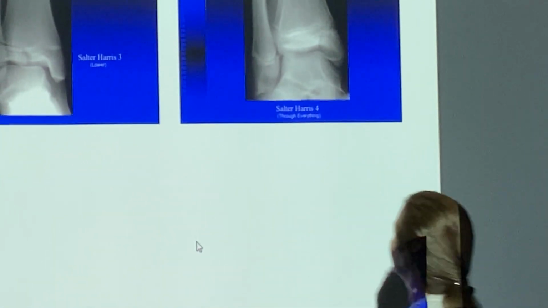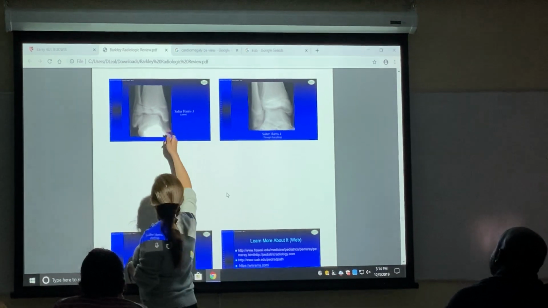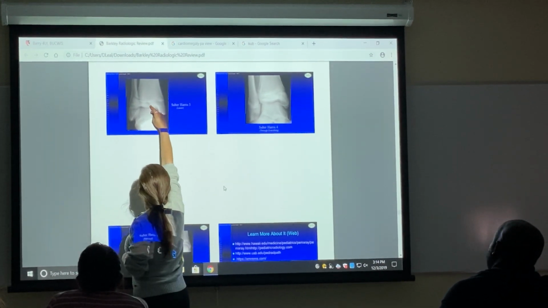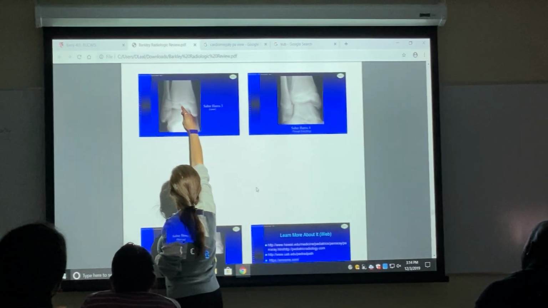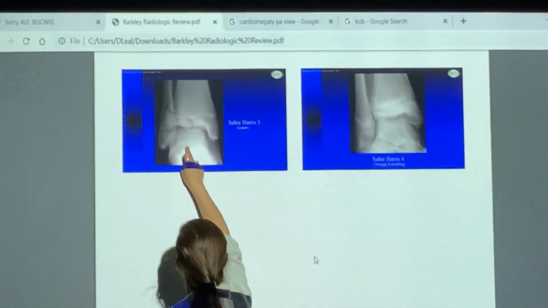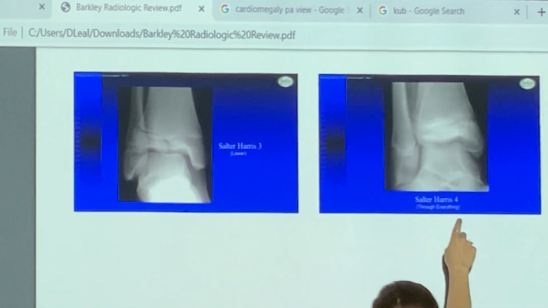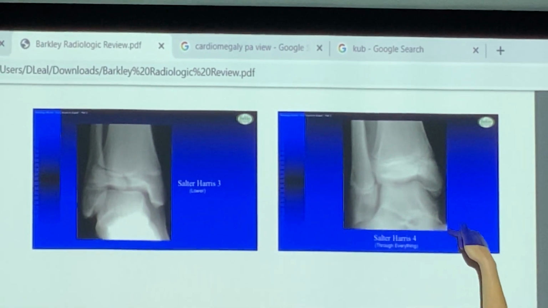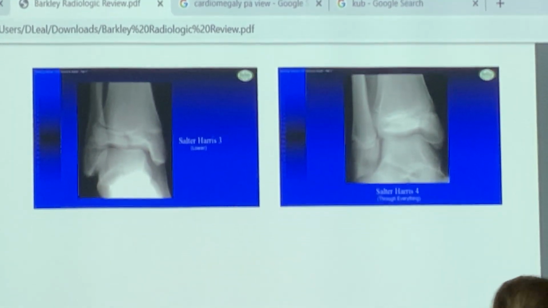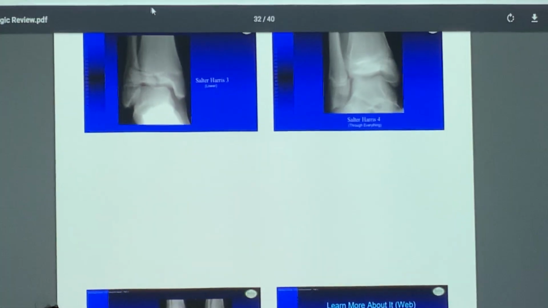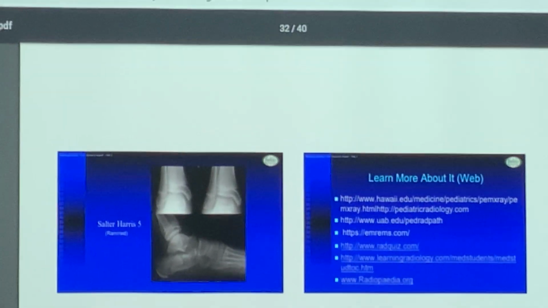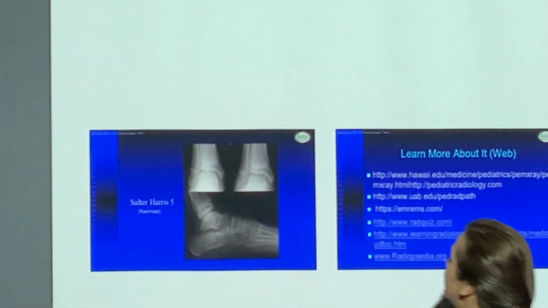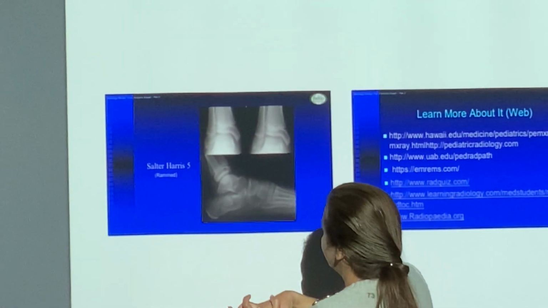Type 3, as you can see, is lower, so it comes from the diaphysis all the way down. And 4 is everything, so all the way. And 5 will be crushed. So basically you don't see much, but everything is like meshed in, okay?